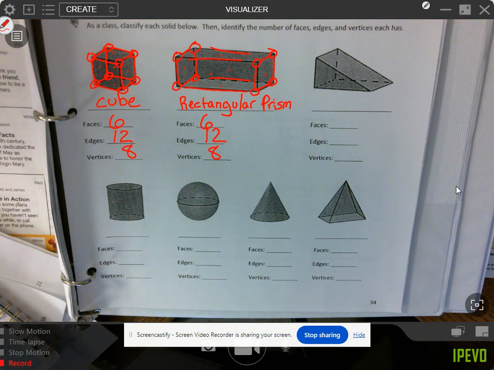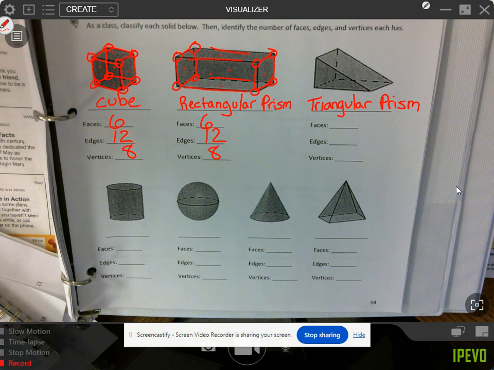Now, what is our next shape? Lauren, do you know it? Triangular prism. Very good. This has the triangles as some of their faces, so it is a triangular prism. So if it has the rectangles as the faces, it's the rectangular prism.